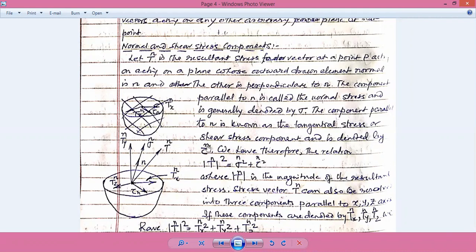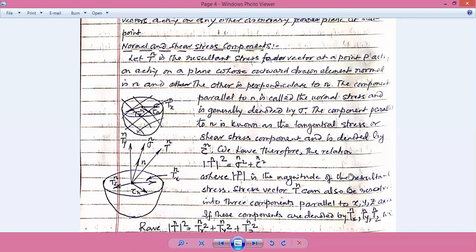We use n because we know that the normal of this particular plane is n. So one component of the resultant T acts along the normal n and is represented by sigma, and another component acts perpendicular to this normal, which is called tau, the shear stress component.